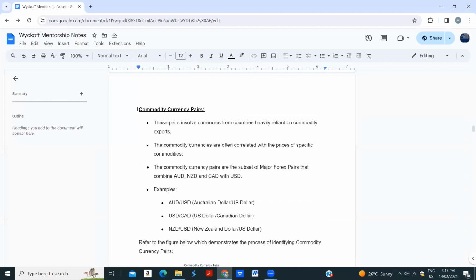Now we have the commodity currency pairs. These pairs involve currencies from countries heavily reliant on commodity exports. The commodity currencies are often correlated with the prices of specific commodities. The commodity currency pairs are a subset of forex major pairs that combine the Australian dollar, New Zealand dollar, and CAD with the US dollar.